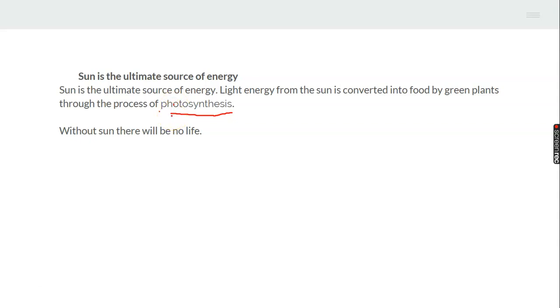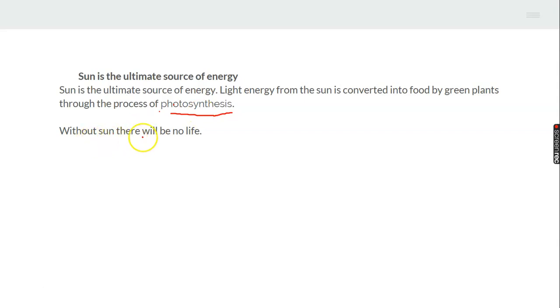The sun's energy is trapped in the chlorophyll, and there the plant works on it and converts that light energy into chemical energy, which the green plants can use for growth.